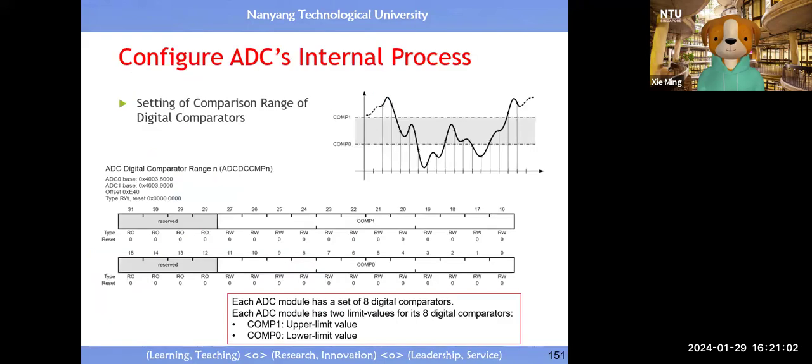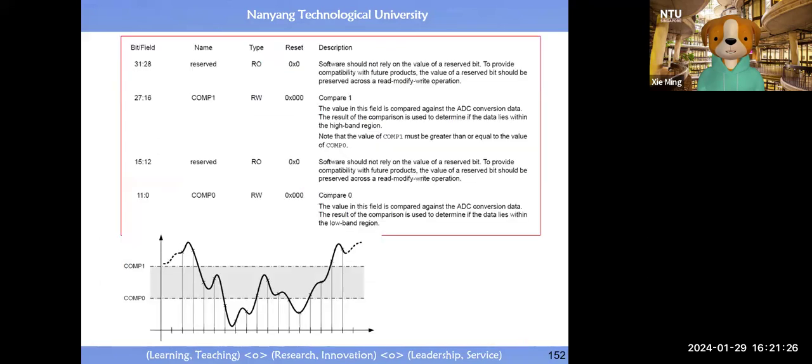Okay, this is for you to know how to set the upper limit and lower limit. You see, for one register, COM1 is the upper limit, COM0 is the lower limit. That's it, right? So you have a sampling device, and each one has an upper limit and a lower limit, right? So hardware will help you to do the comparison and send the alarm.